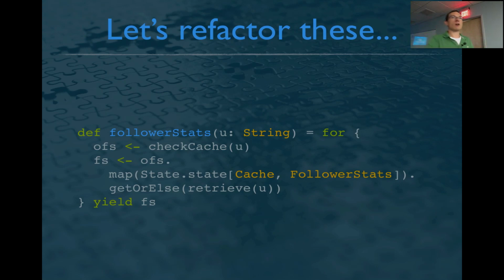So the net effect of calling state.state and not passing an A is that it's a function from A to state SA. Map gives you an A, and so calling it in the point-free style does what we want, but the inferencer gets a little confused. So in this case, we have to explicitly tell it the two types of S and A. Okay.